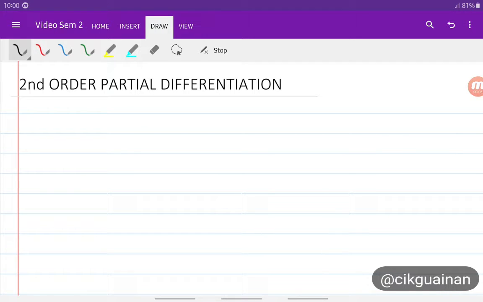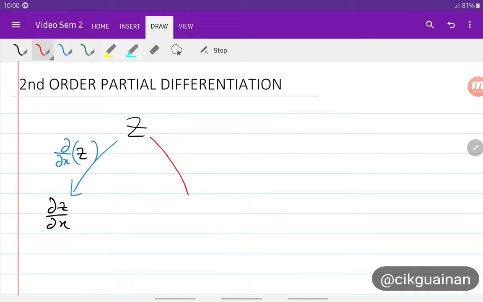In this video, I would like to share with you about second order partial differentiation. If you watch my video about first order partial differentiation, we know that if we have a function z and we differentiate this function with respect to x, we get ∂z/∂x.